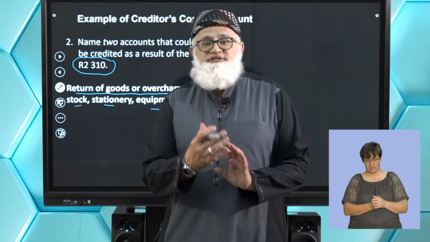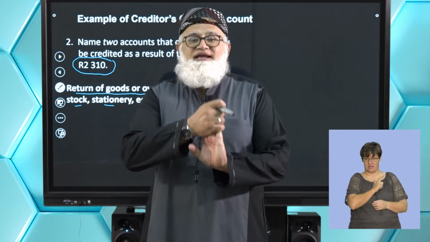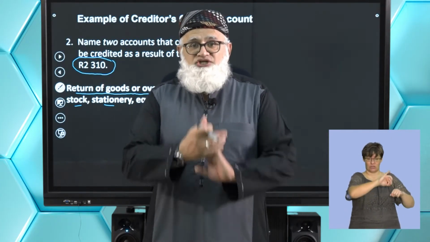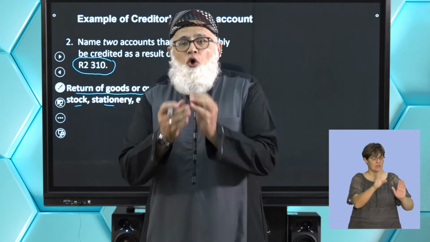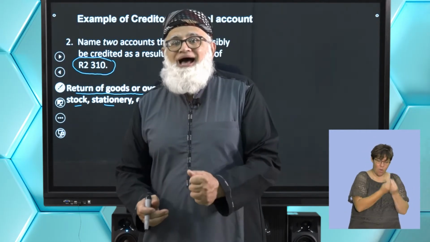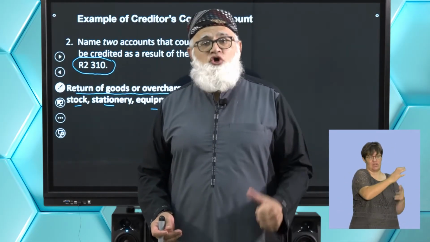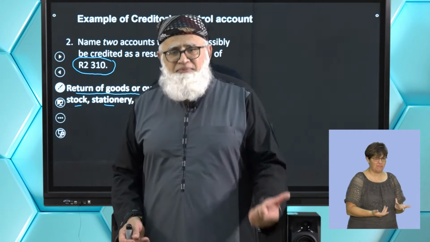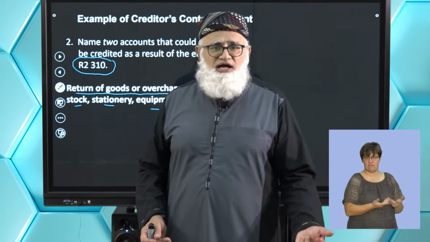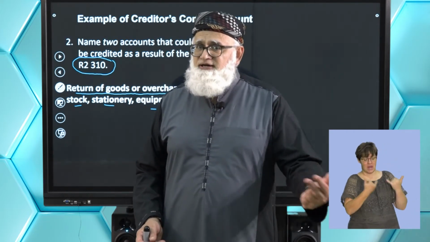So the creditors allowances journal is used to record all transactions where we are returning goods to our creditors, either wrong goods supplied, damaged goods supplied, overcharge, etc.